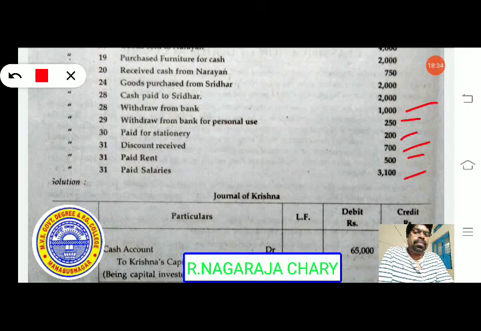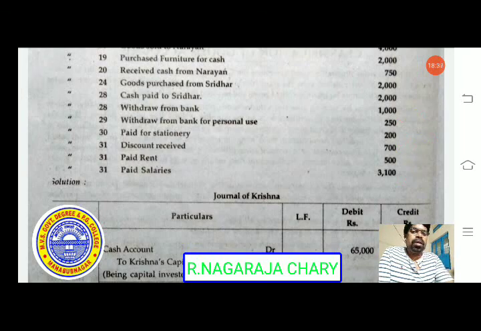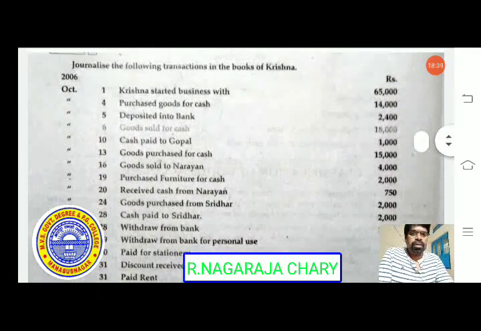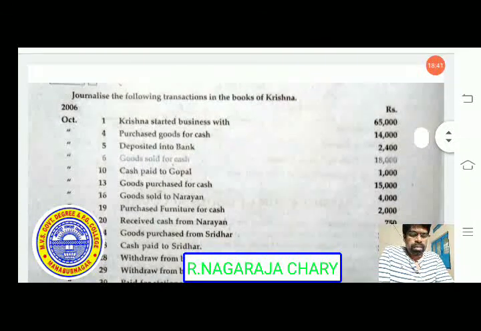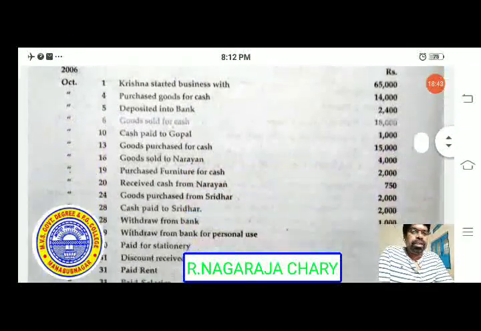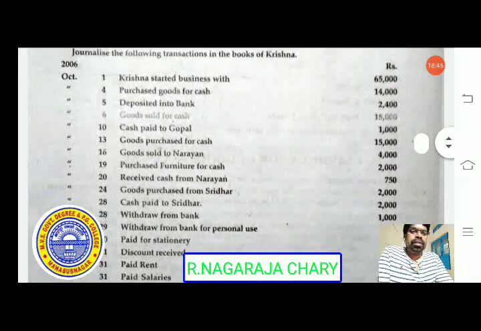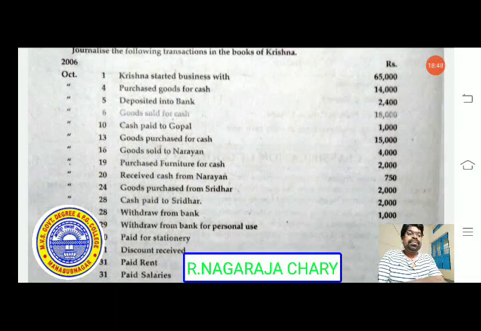This is the problem. So, in this problem, using these transactions we have to write journal entries. Of course, as we just discussed, journal entries will have 5 columns.